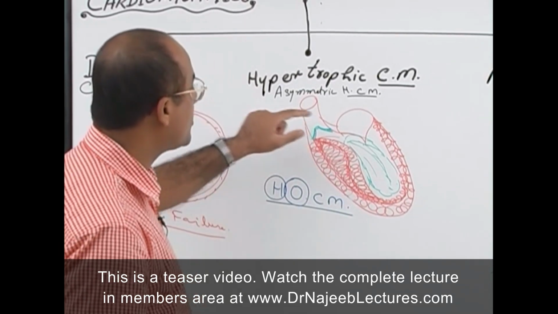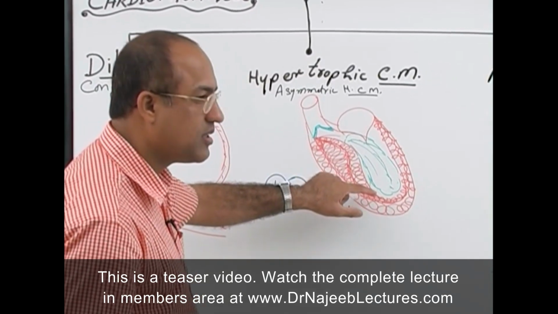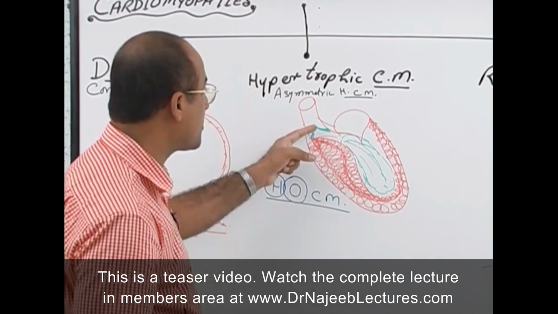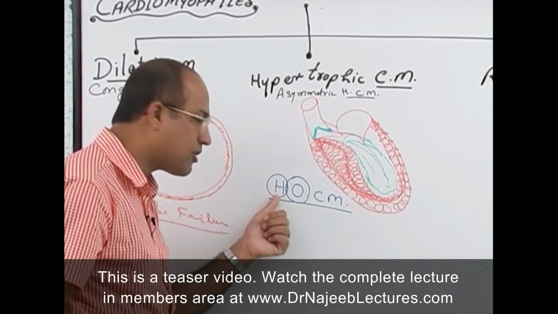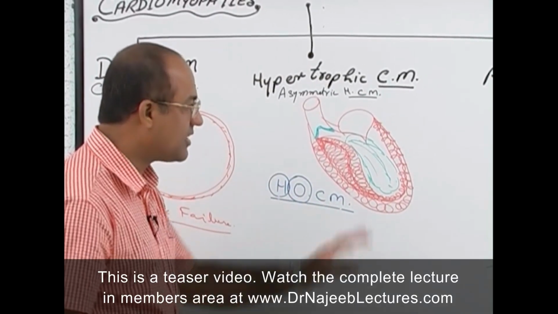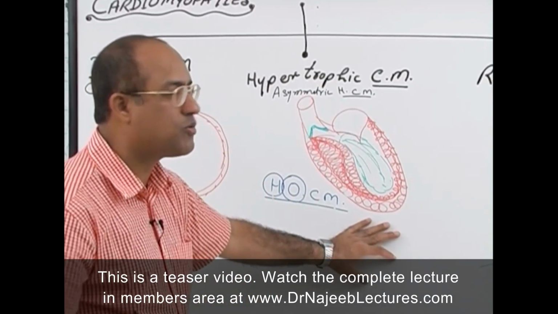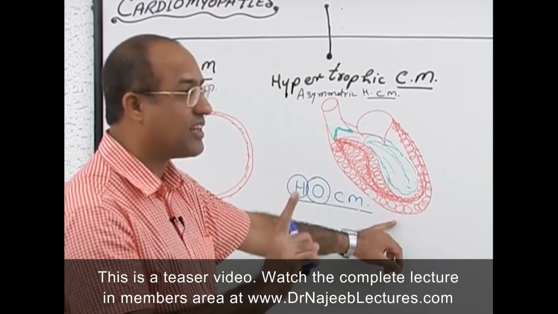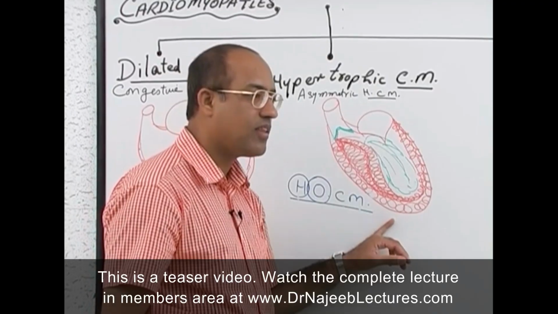That is why this asymmetrical hypertrophy, which is leading to left ventricular outflow obstruction, is also called hypertrophic obstructive cardiomyopathy. Okay, if you want to remember only one sentence about this condition, let me tell you.